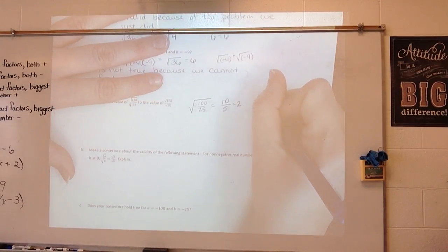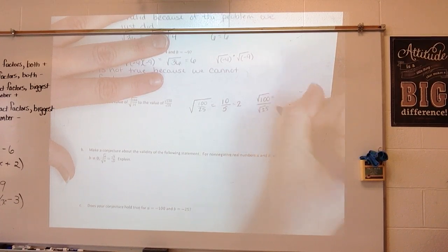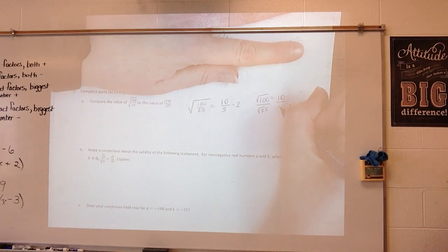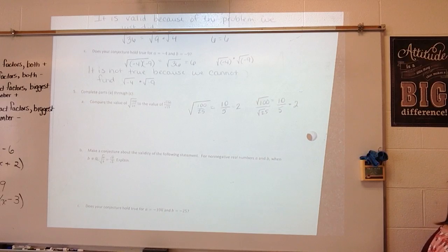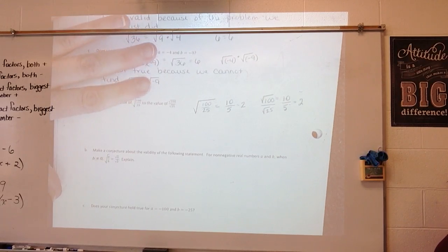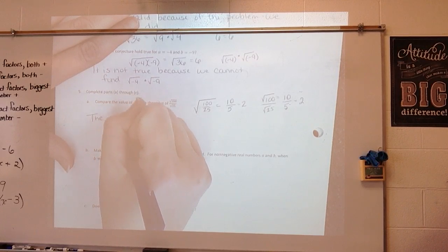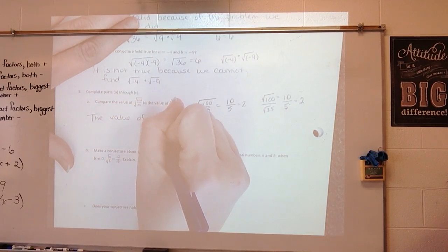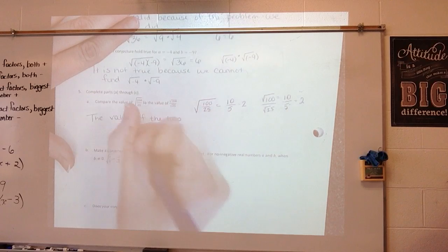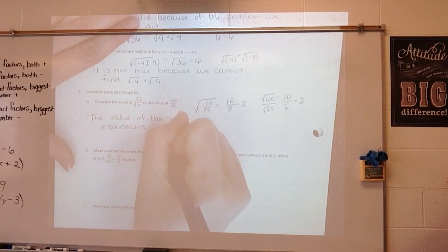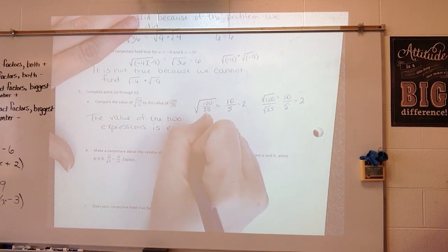Now let's split it up. The square root of 100 is 10. The square root of 25 is 5. It's 2. So what do we notice? The value of the two expressions is equal.